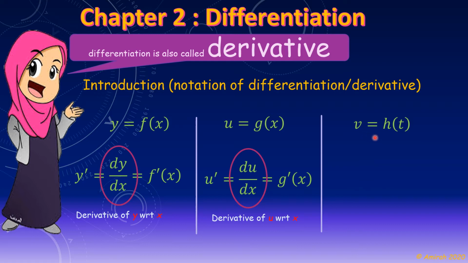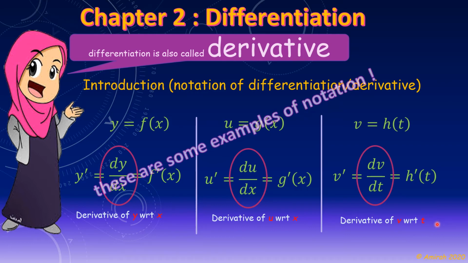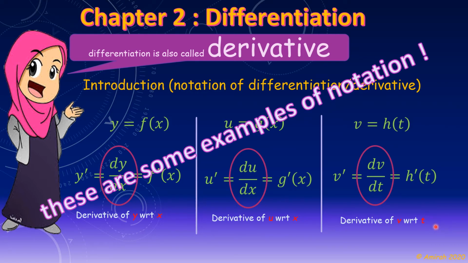And let's say we are given v equals h(t). When we differentiate, the symbol will become v prime, or dv over dt, or h prime t. And the symbol dv over dt is the derivative of v with respect to t. These are some examples of notation.